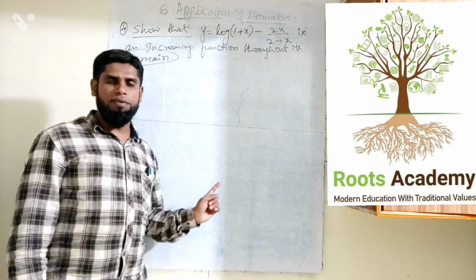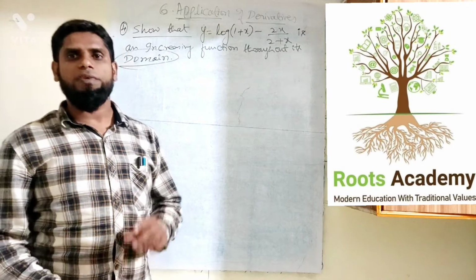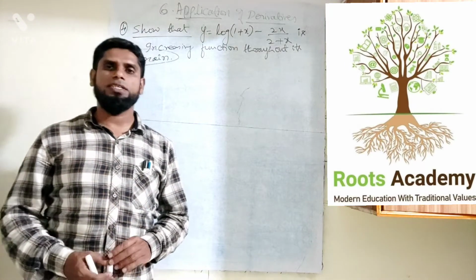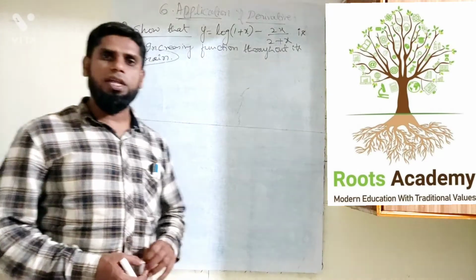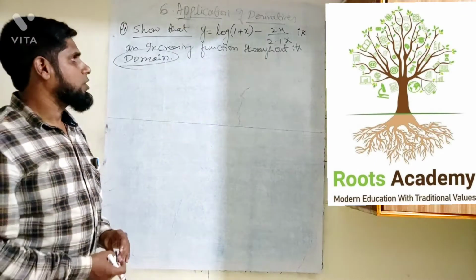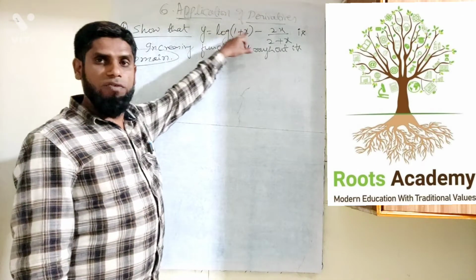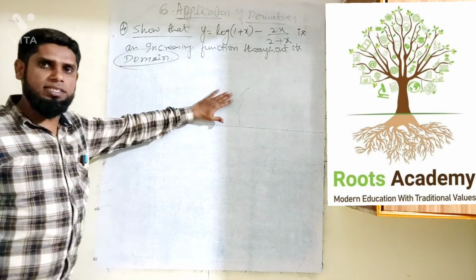By finding its derivative, and if the derivative is greater than 0, we will declare that the function is increasing. If the derivative is less than 0, then we will declare that the function is decreasing. So first we should find derivative of this function. Then we will check whether it is greater than 0 or less than 0.